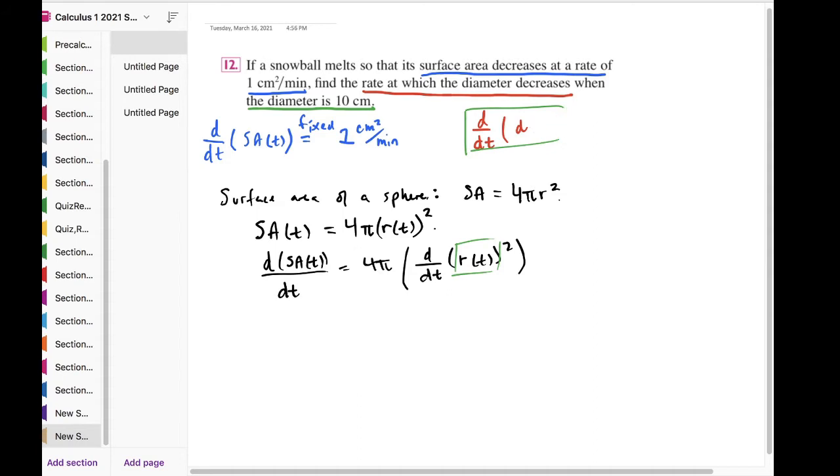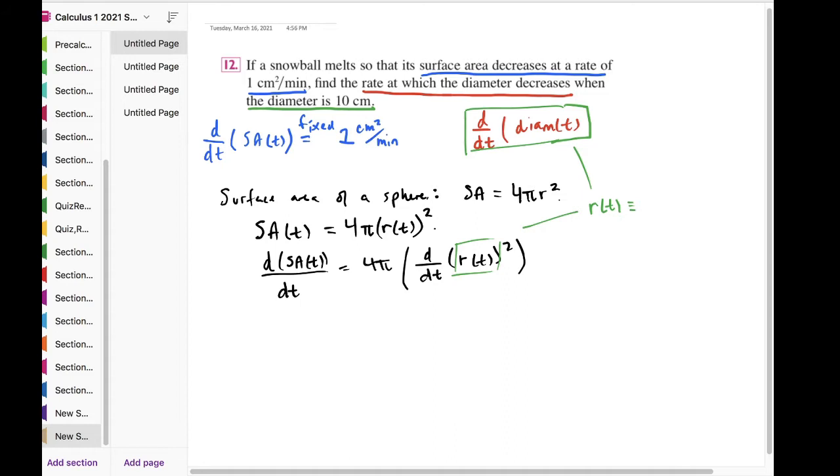Let's call it diam, so it's not too many d's. So what is r of t? Twice the radius would be diameter.